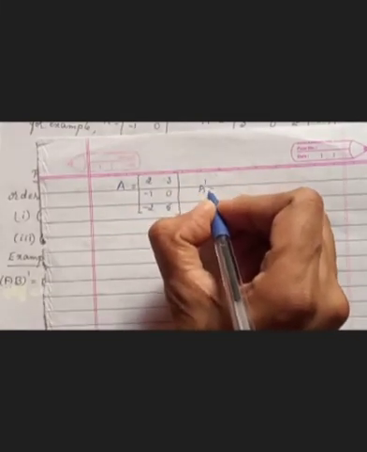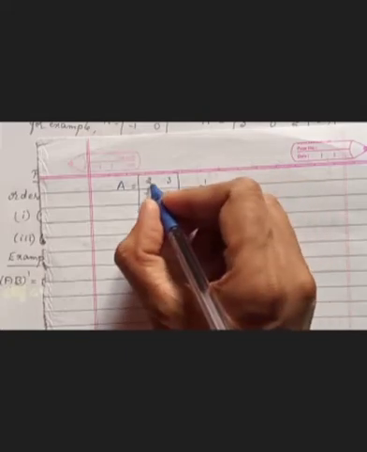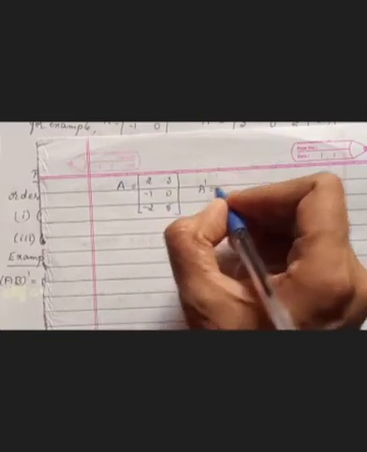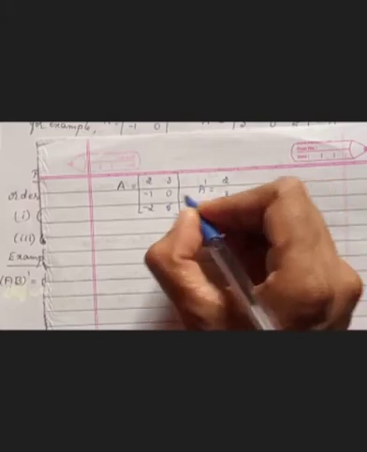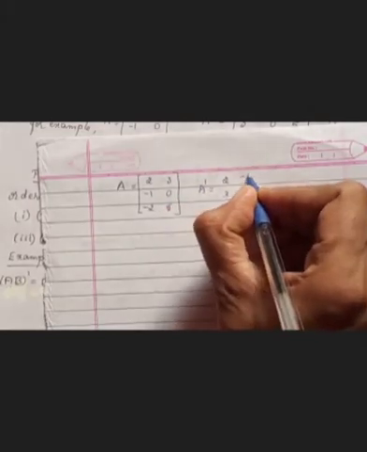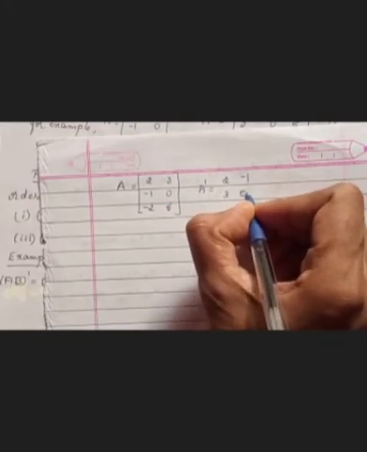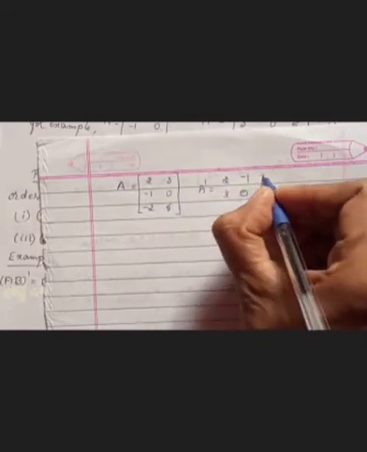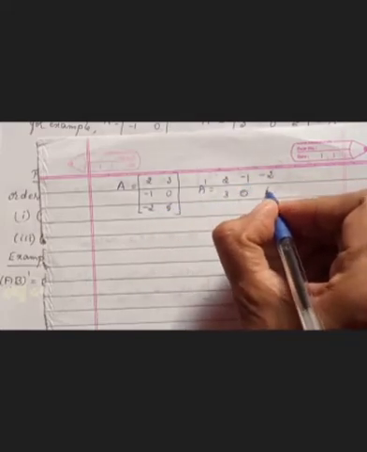What is A dash now? Interchange the rows and columns. First row as first column: 2, 3. Second row as second column: minus 1, 0. Third row as third column: minus 2 and 5.